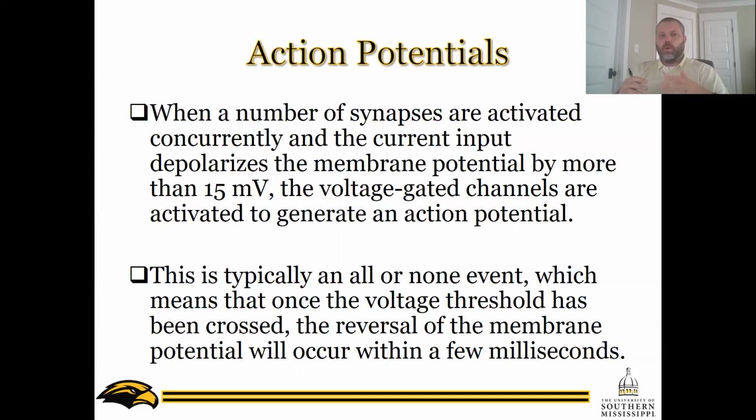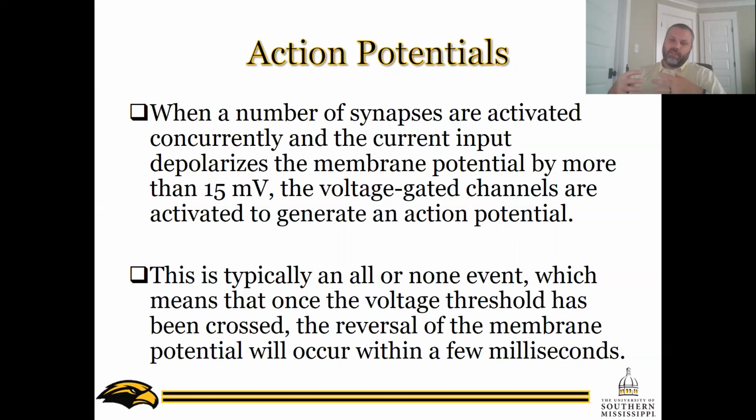What we are doing is changing the polarization of the nerve fibers. When we hit a certain threshold, a change of 15 millivolts, this is what activates or generates that potential to move all the way down the motor neuron itself.